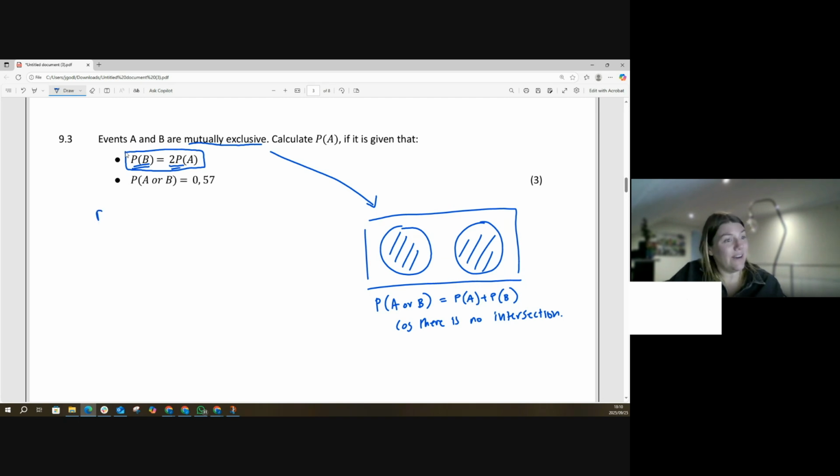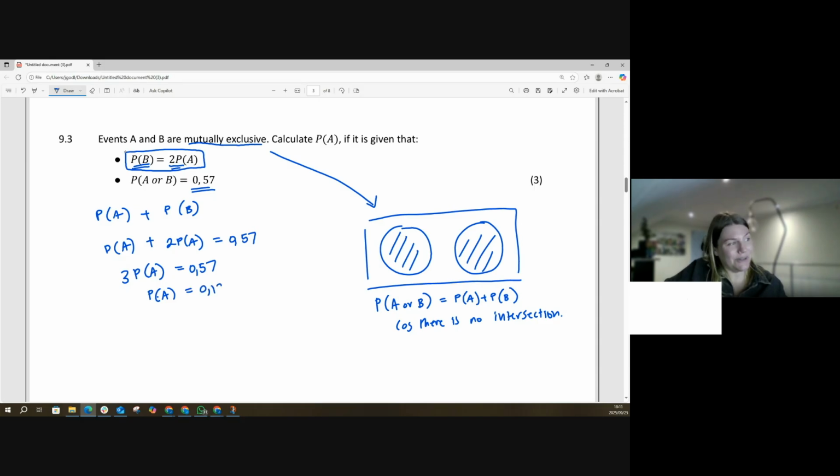So instead of writing the probability of A plus the probability of B, we can write the probability of B is this, so 2 PA, and this is the probability of A. So we've got 1 PA plus 2 PAs, and we know that because they're mutually exclusive, it needs to equal 0.57. So these are like terms. So I've got 3 probabilities of A, which is 0.57, which means the probability of A is 0.19.